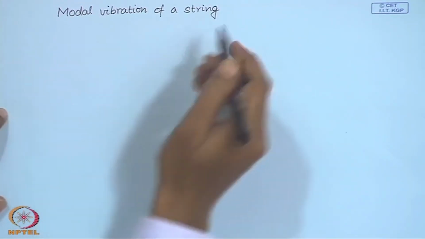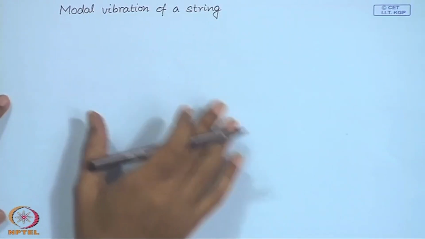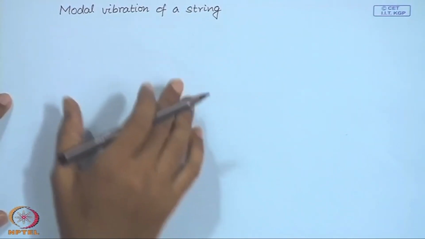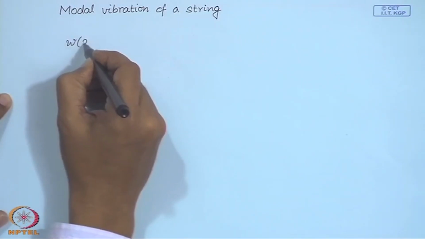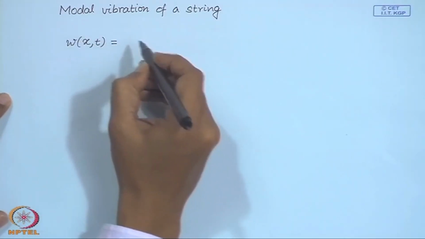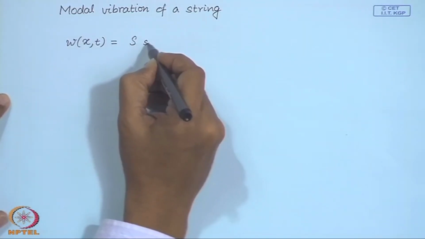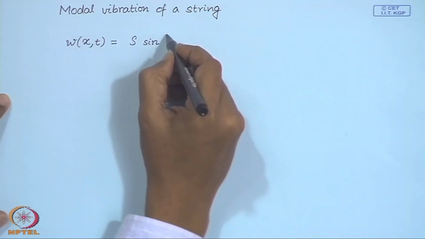Now, we consider a normal taut string with fixed boundaries, and we have obtained the solution let us say in this form.